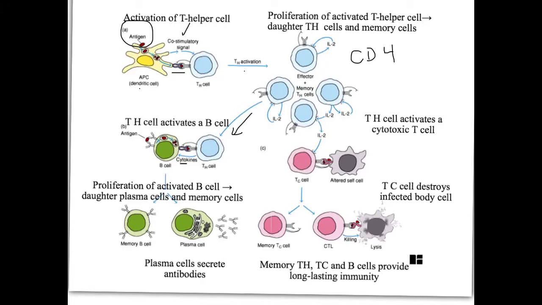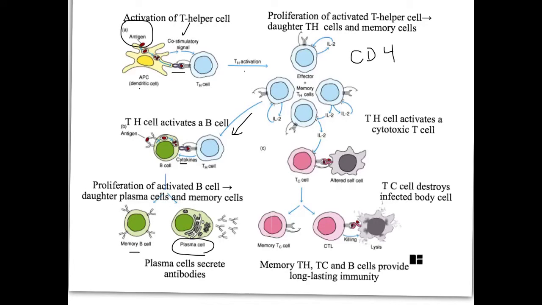The T helper cell will lock onto the display, will co-stimulate the B cell, which will result in activation of that B cell. The activated B cell undergoes the process of proliferation, producing many daughter cells, some of which are memory cells, but many which will be plasma cells that turn into antibody-producing factories.